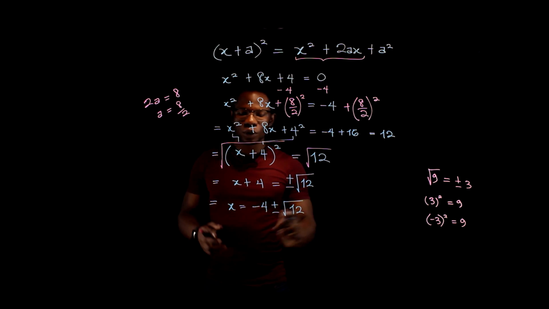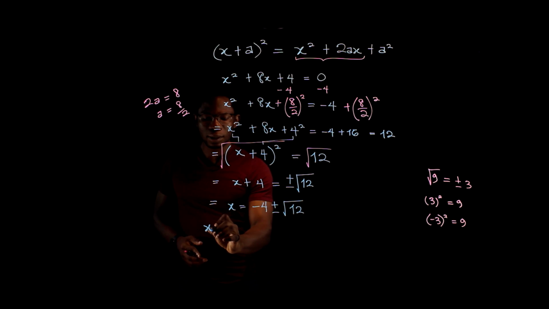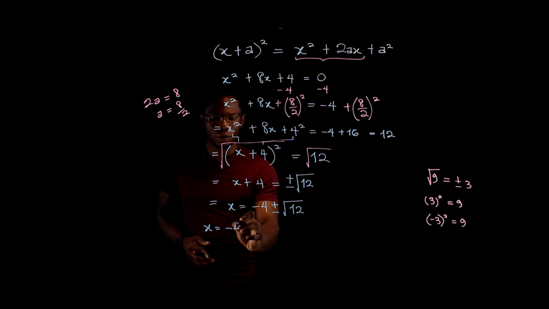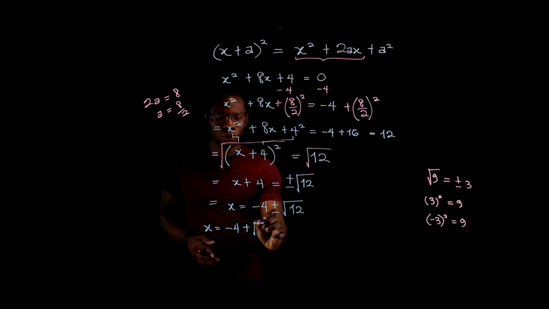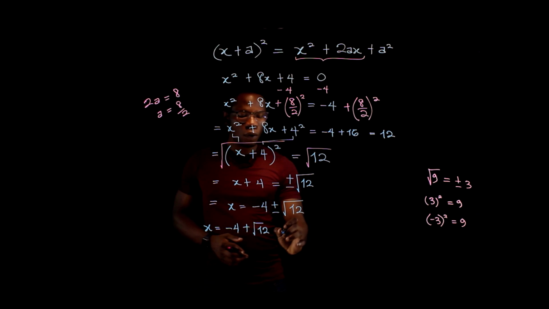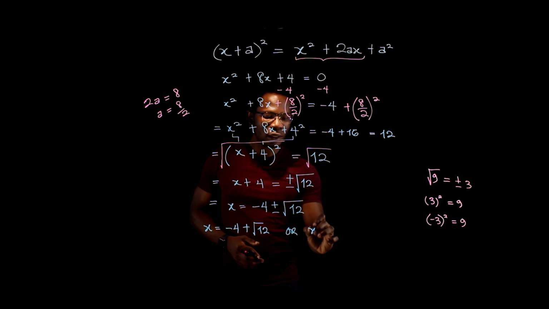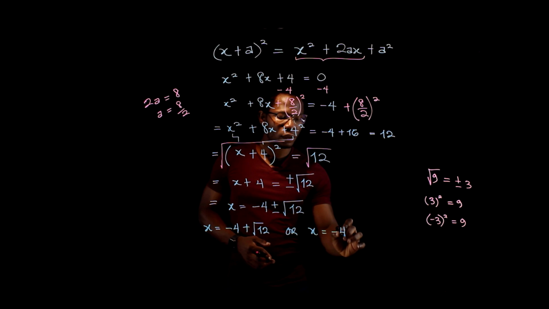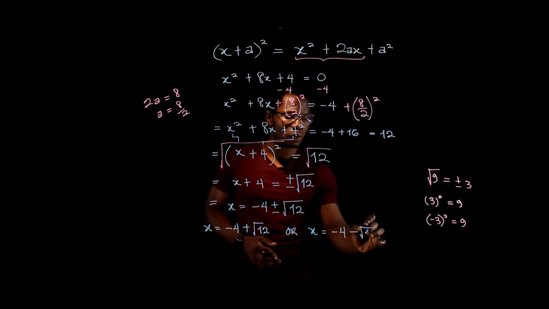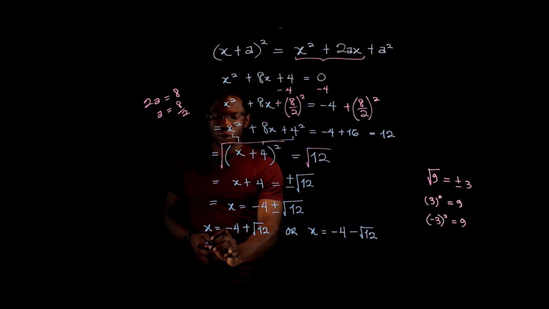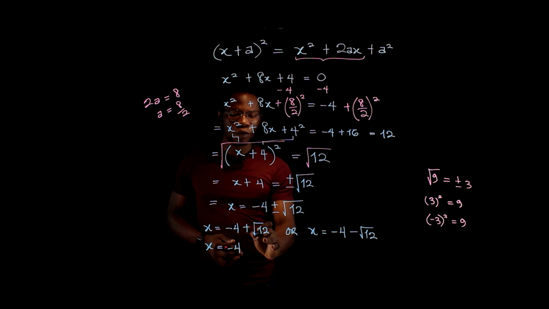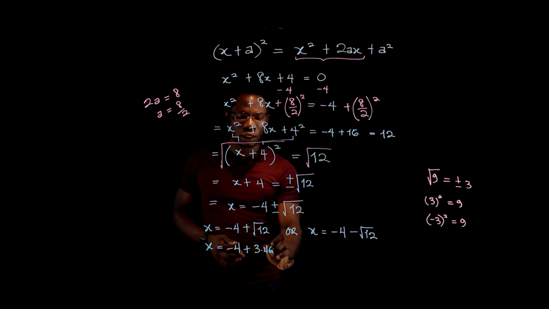So our two solutions are either x is equal to minus 4 plus the square root of 12, or x is equal to minus 4 minus the square root of 12. So we have x is equal to minus 4. The square root of 12 is 3.464.